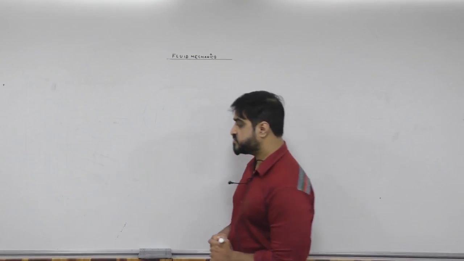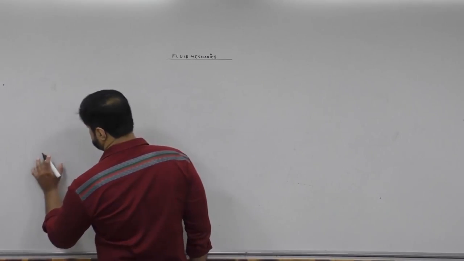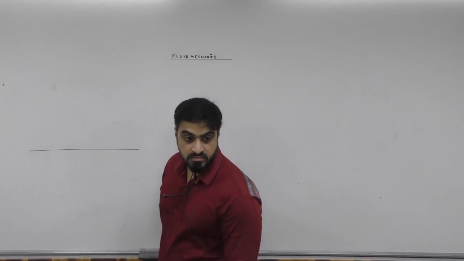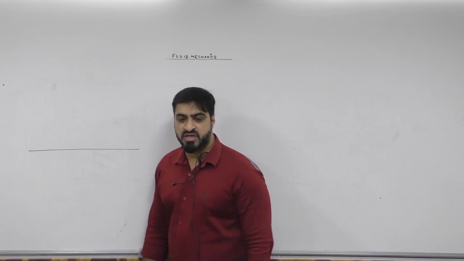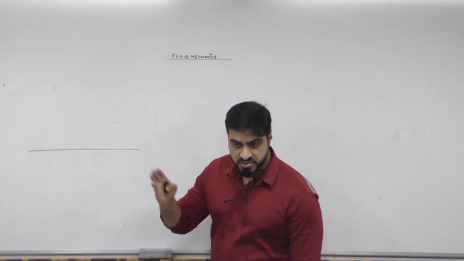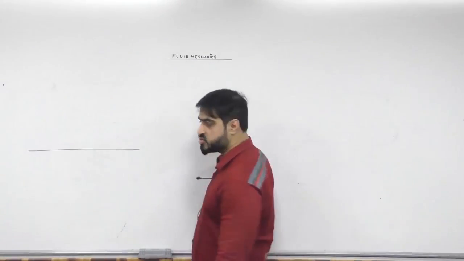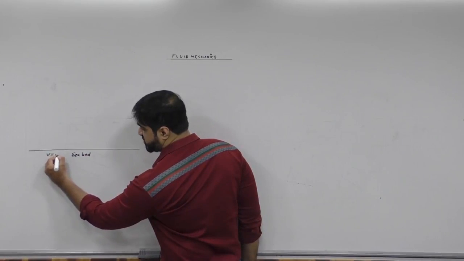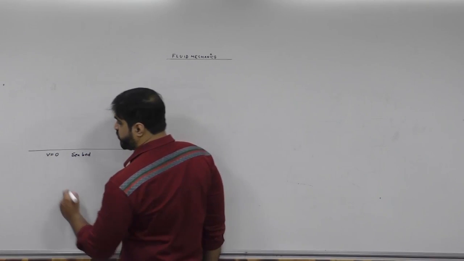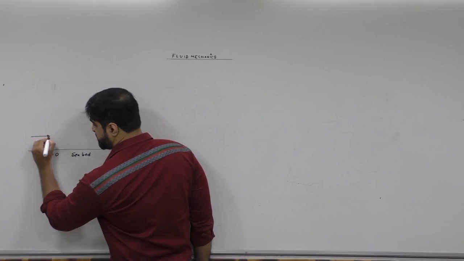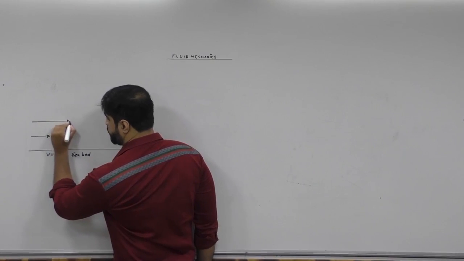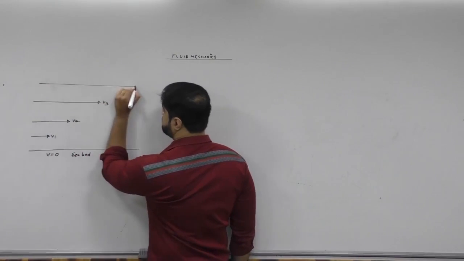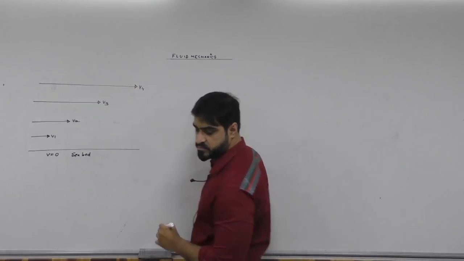Velocity gradient. वेलोसिटी ग्रेडियंट क्या है? ग्रेडियंट का मतलब क्या होता है? विद रिस्पेक्ट टू डिस्टेंस. सो सपोज दिस इज द सी बेड. यहां पर वेलोसिटी कितना होगा? 0. लिक्विड विल फ्लो इन लेयर्स. दिस इज द फर्स्ट लेयर, इट्स गोइंग विद v1. v2 will increase, v3, v4.